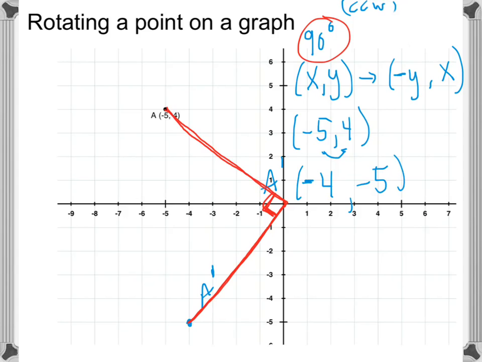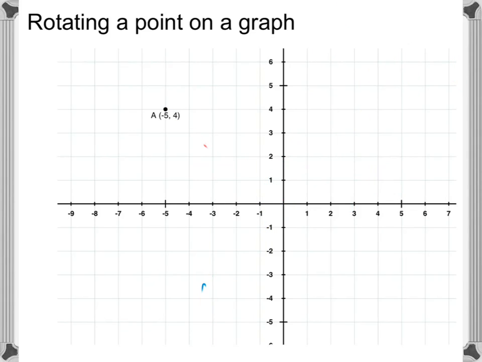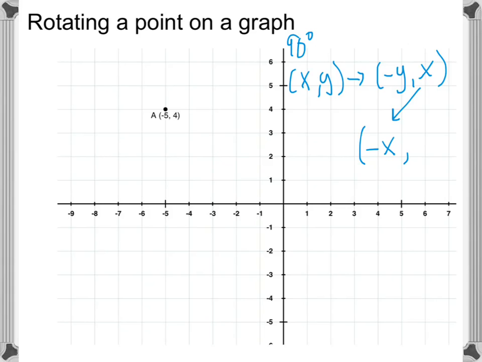Okay, let's say that I was rotating it 180 degrees. So I want to take A and rotate 180 degrees. Now remember, 180 degrees is two 90-degree rotations. So since a 90-degree rotation took your x and y and made it -y comma x, another 90-degree rotation would switch it around again, and the new coordinate would be negative, and that would be the same as the old one.